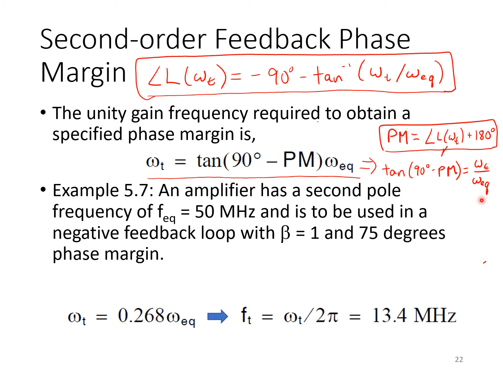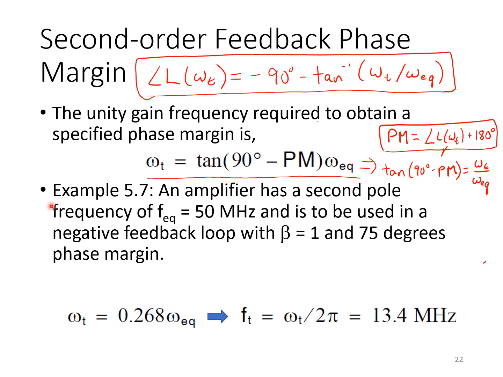So if we have a desired phase margin we want to achieve, then what it means is that we can say, okay, in order to achieve that phase margin, we need to ensure that the unity gain frequency is lower than omega EQ, for example, by a factor of 2, by a factor of 4, by a factor of 6. And that'll be a function only of the phase margin, that ratio.